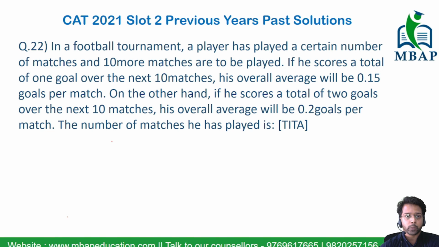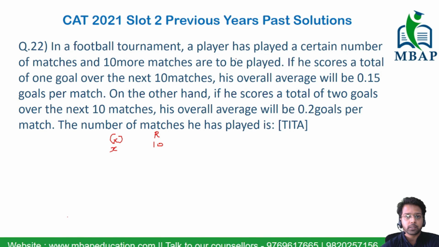Now the question starts by saying X number of matches have been played, and the number of matches remaining is 10. So X is the number of matches played and 10 is the number of matches left. The total number of matches will be X plus 10. Right?